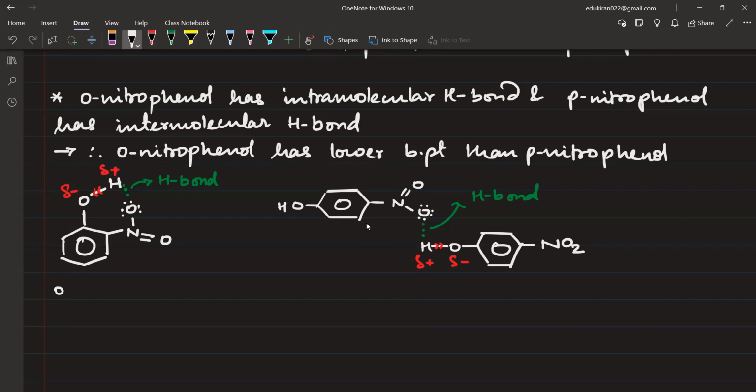So this is O-nitrophenol. This hydrogen bonding, we say it is intramolecular. I will write it intra here. This is intramolecular. Okay. And this is inter.